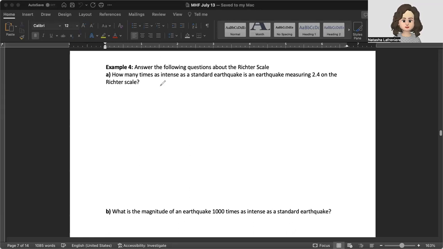Okay, so our M is 2.4, which is equal to log of I over I0. Okay, let's throw that into our 10 powered.